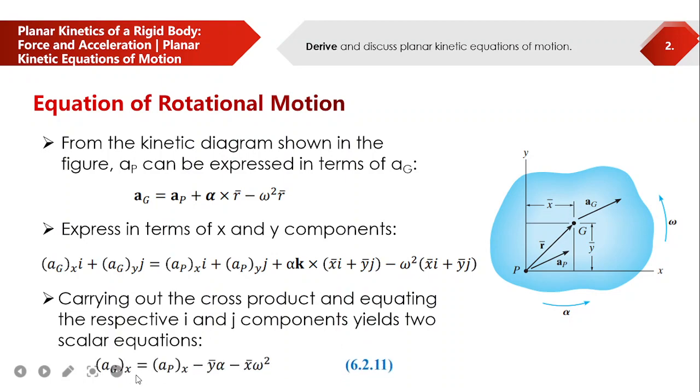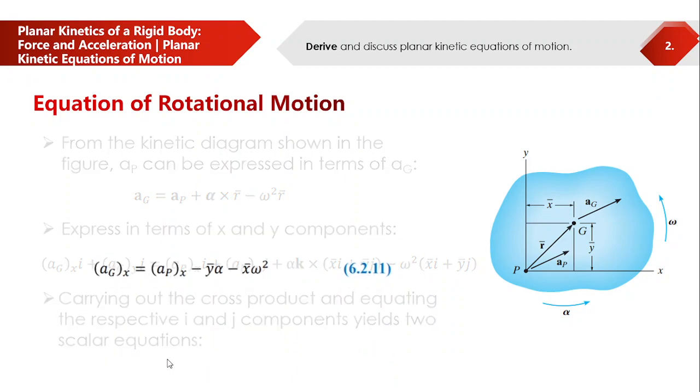So for the x component, a sub g sub x is equal to a sub p sub x minus y bar times the angular acceleration minus x bar times the angular velocity squared. So this is how you compute the acceleration at g in the x component.